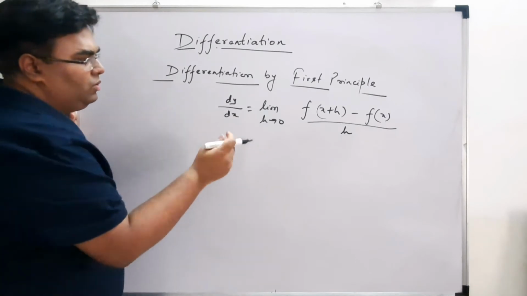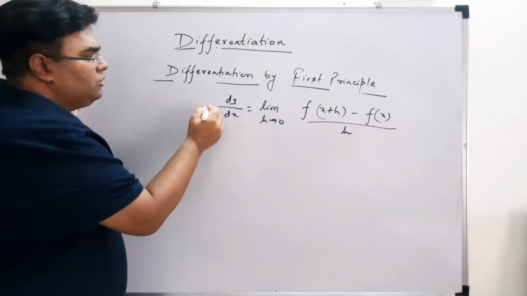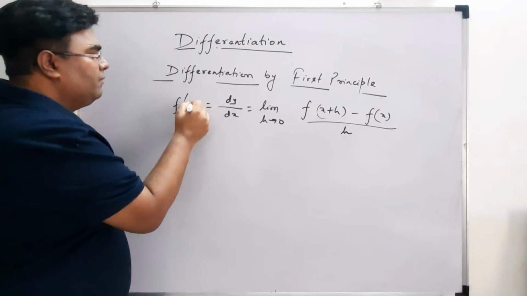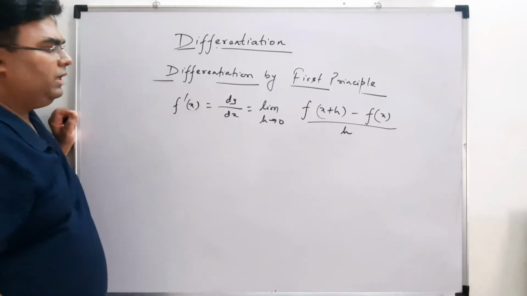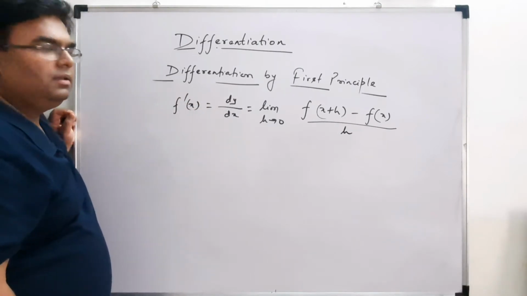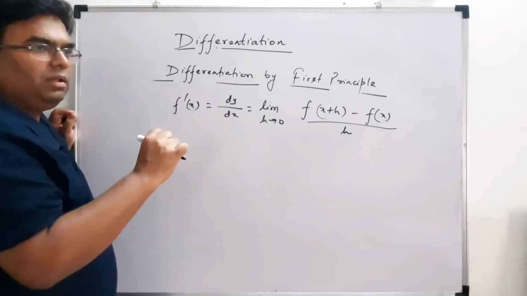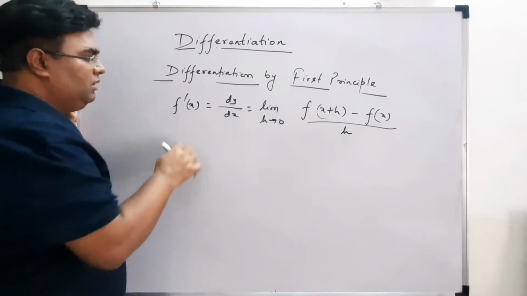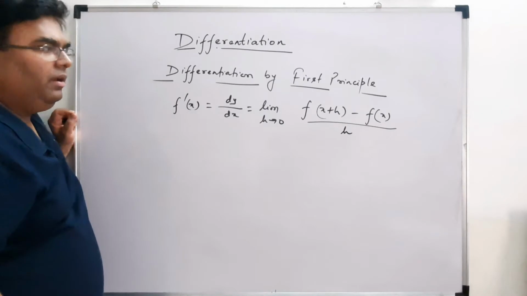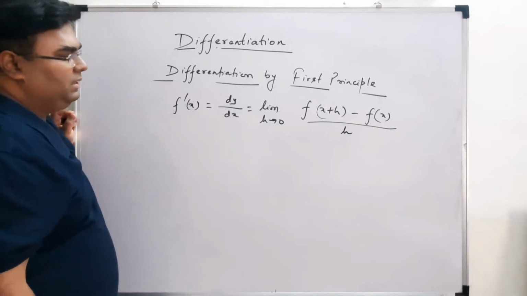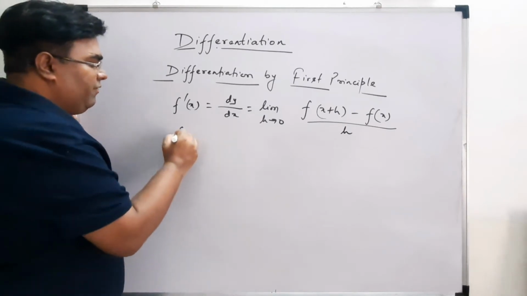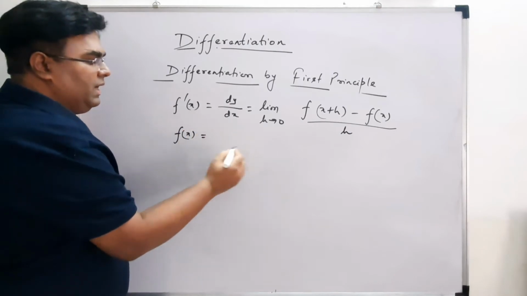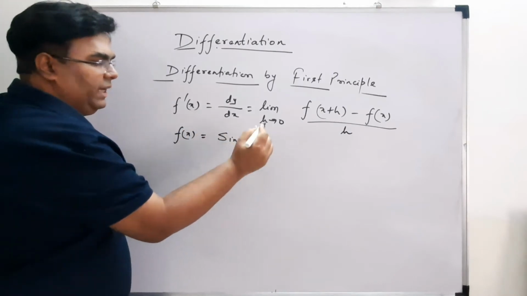One more thing I want to say here: this dy by dx, the derivative or differentiation, is also represented by f dash x. Let us take f(x) as sin x.